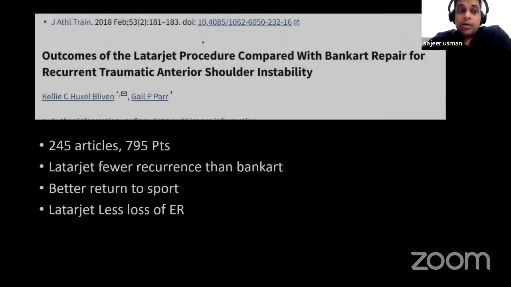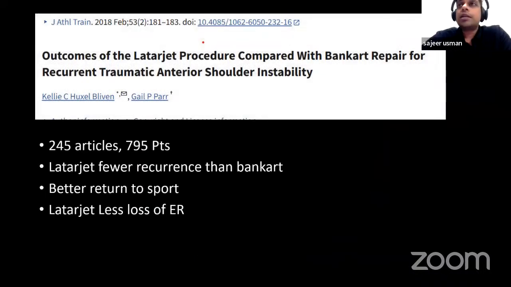So how good is Latarjet? Latarjet is an excellent surgery. It's not a very radical surgery like how we think it is. There is a beautiful meta-analysis which has been presented, studying more than 245 articles with 800 plus patients. They found that Latarjet has fewer recurrences than the Bankart, which is the soft tissue procedure, and better return to sport.